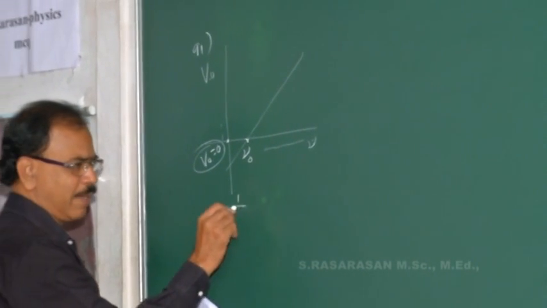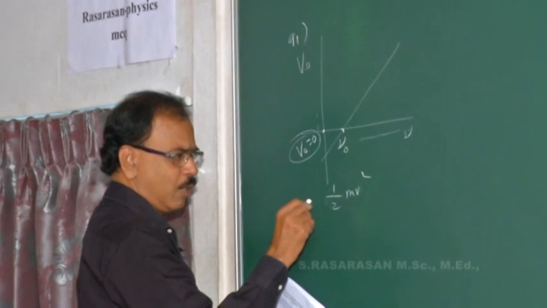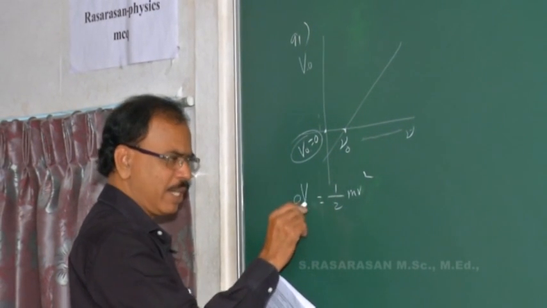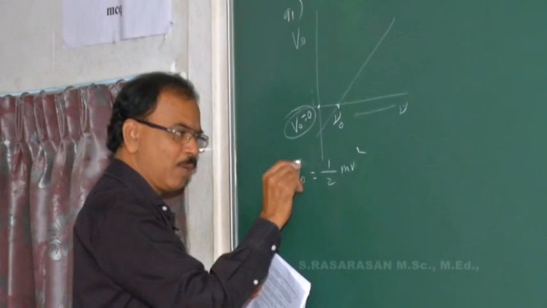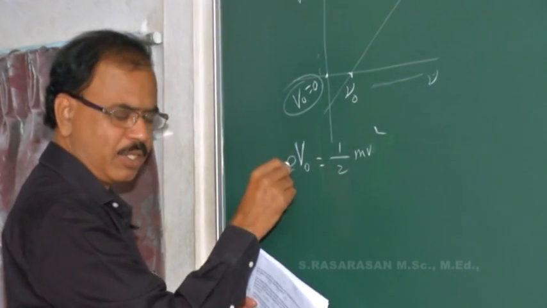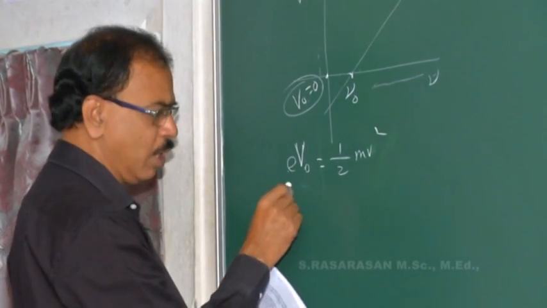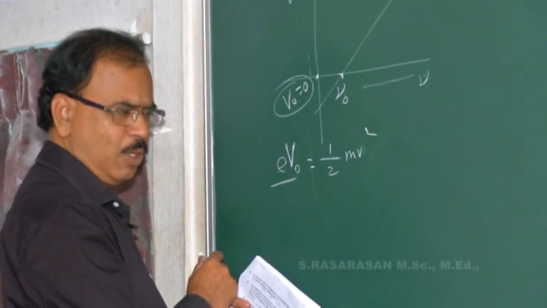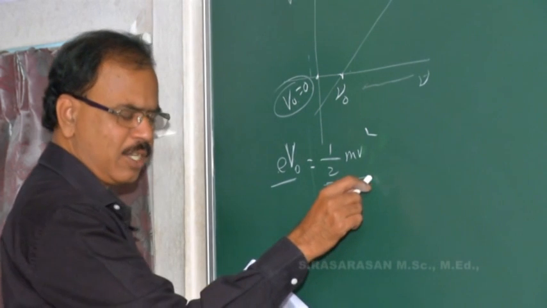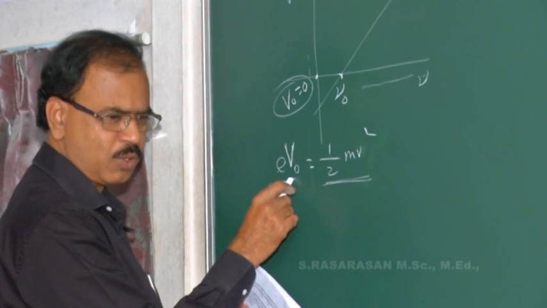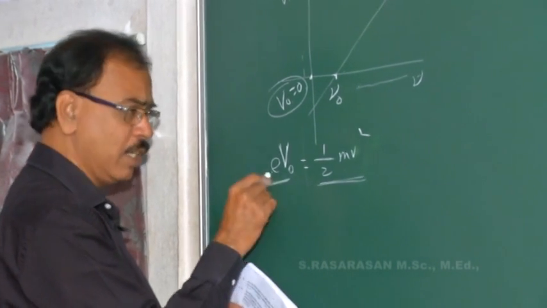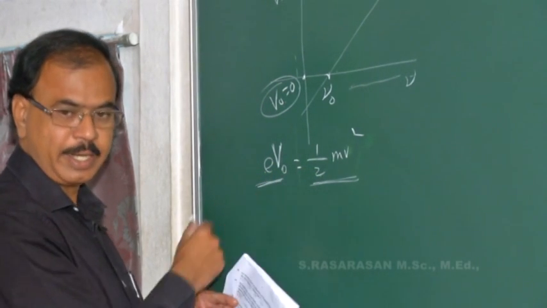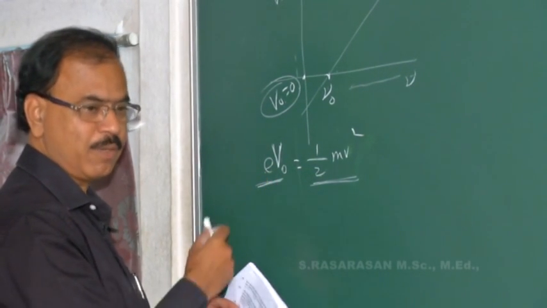A moving electron has the energy half m v square. To stop that electron, we need the energy eV naught, so we have to give the potential. Potential into e is called electron volt. So a moving electron possesses kinetic energy, and to stop the electron, potential energy is converted. The two are equal. This is the basic preliminary theory in physics.